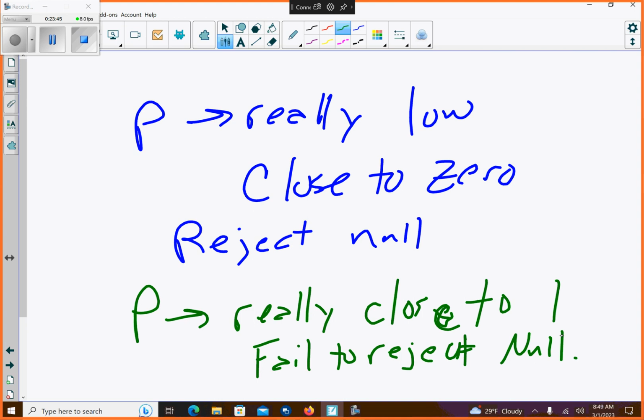If it increases or decreases, one or the other, it's 1 tail. If it says there is an effect, then that's a 2 tail because it could happen at both ends. With 1 tail, we're looking at the far left side or the far right side. With a 2 tail, we're looking at both sides to see if there was evidence to modify it at all.